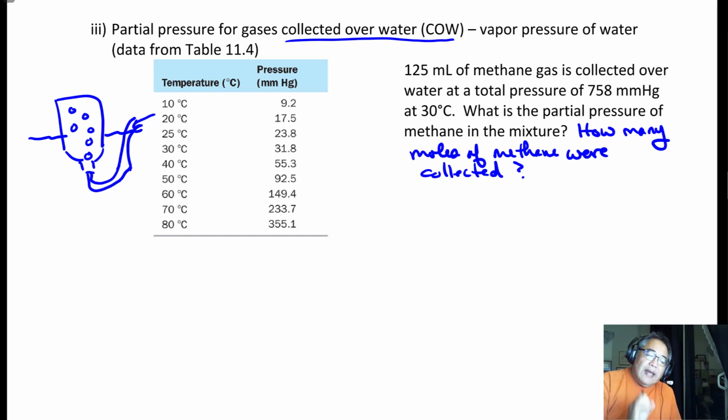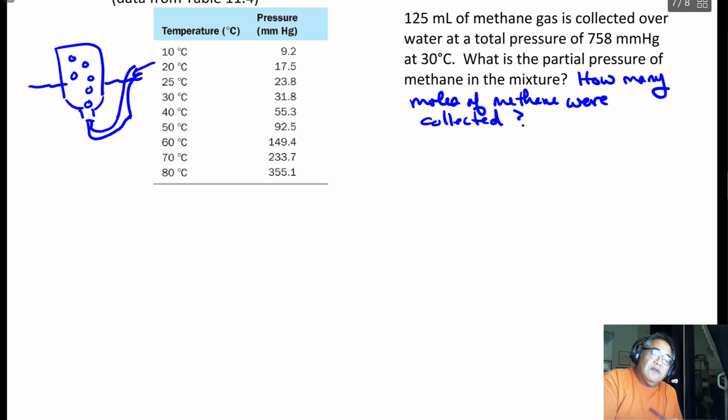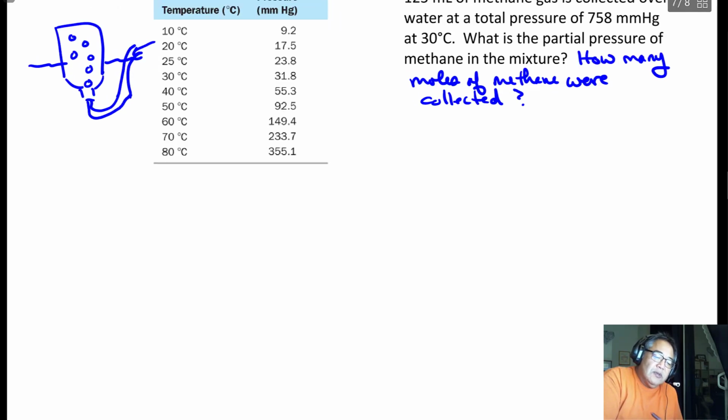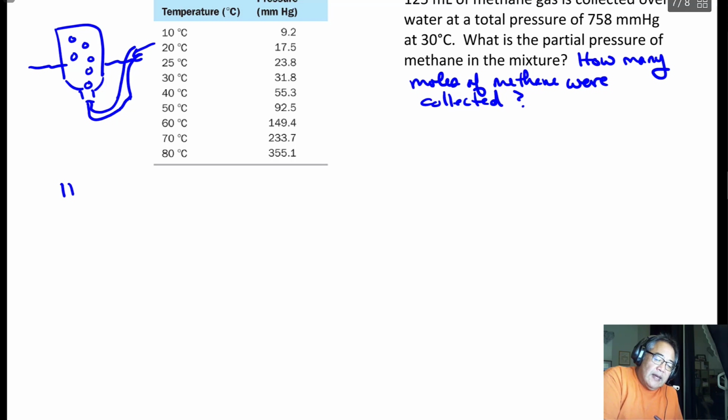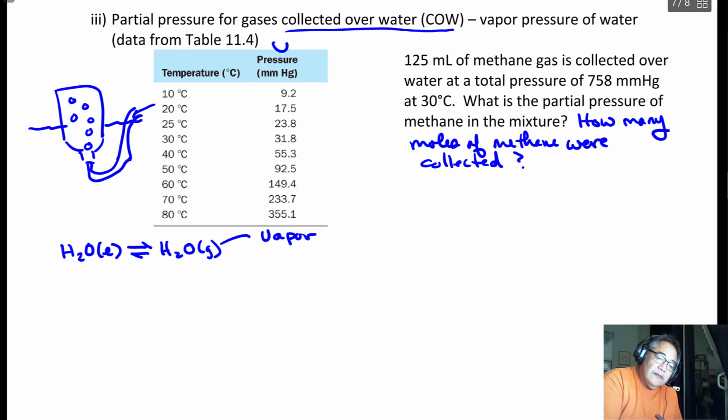And we actually ran into this phenomenon before. This comes from chapter 15 in Le Chatelier's principle. If you have water in the liquid state like this, it's in equilibrium with water in the gas state. This is the vapor, right? So this is the vapor pressure of water.